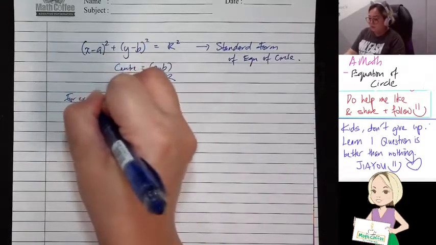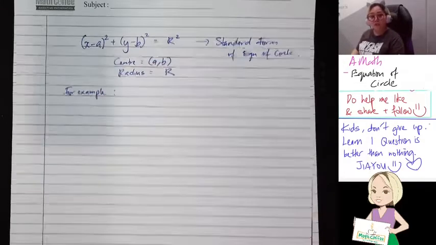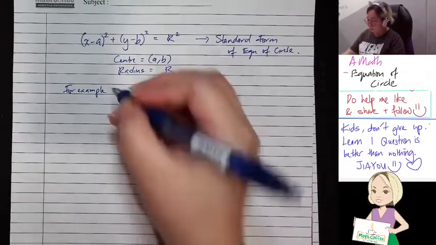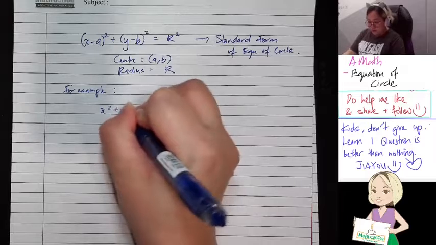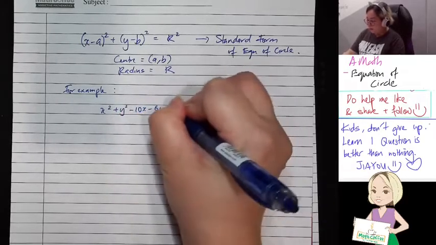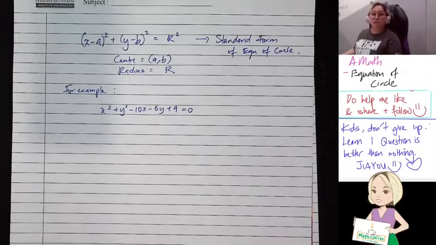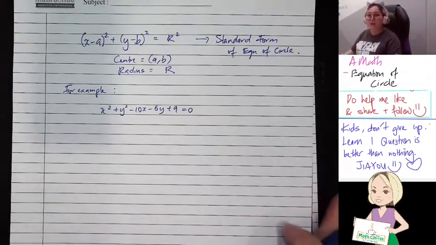For example, I give you the equation of the circle x squared plus y squared minus 10x minus 6y plus 9 equals 0. They will ask you to find out the center and the radius. The 3 questions that I'm going through do not have this, so I'm going to do this part.